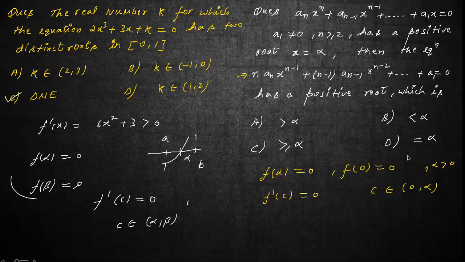So this root is lying between 0 and alpha, so it has to be less than alpha, of course. Just the simple application of Rolle's theorem, and this question as well as the previous one has already been asked in IIT-JEE. So if you know the basics, you can easily solve these questions.